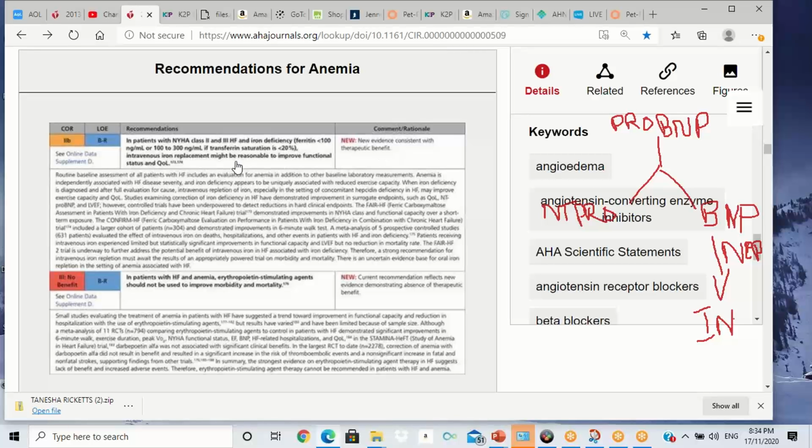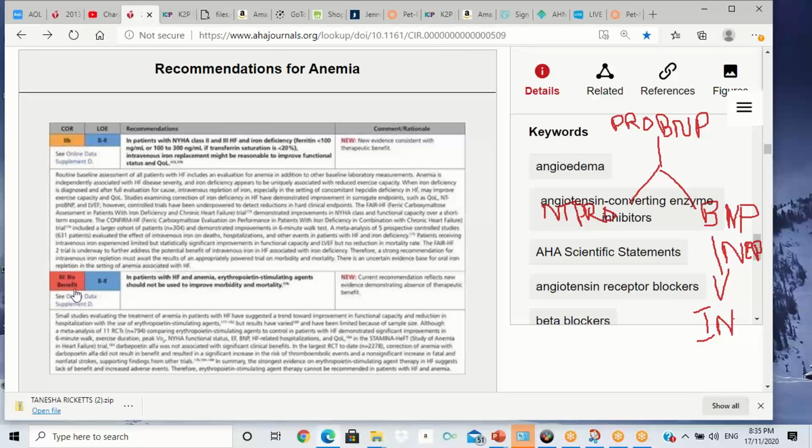Okay. So the thing about iron: in patients with New York Heart Association class 2 or 3 heart failure, and if they have iron deficiency, ferritin level less than 100, or 100 to 300 if the transferrin saturation is less than 20%, you can give them intravenous iron replacement.